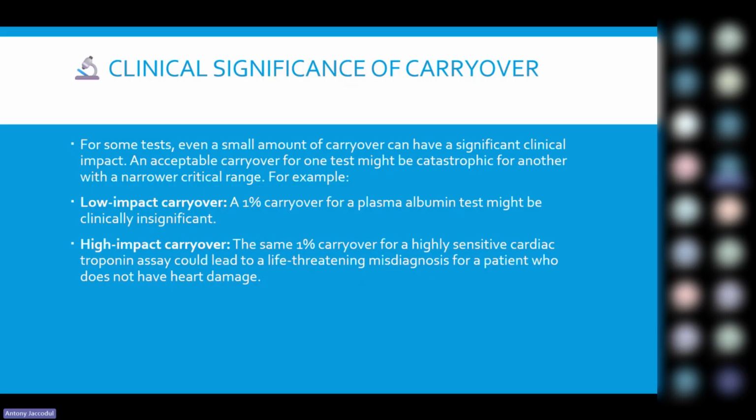So if you have a carryover of 1% from a sample of troponin and the same 1% in albumin, you'll find that it is bad in albumin, yes, but it is catastrophic in tests like troponin. So in such scenarios, carryover should be minimized as much as possible because it can lead to damage of patient organs.